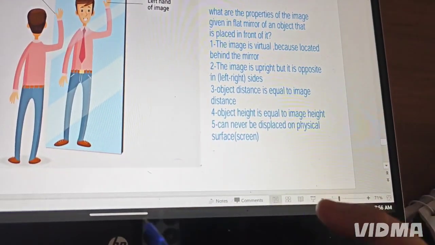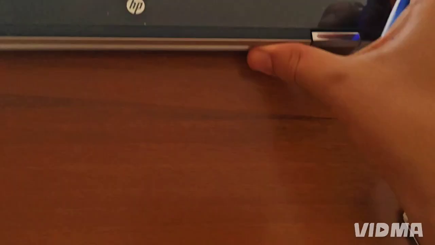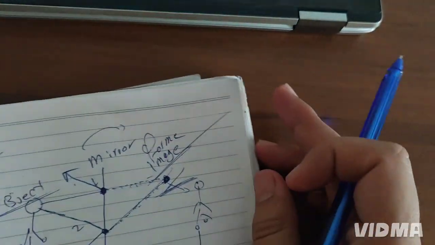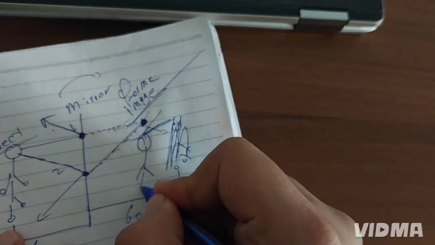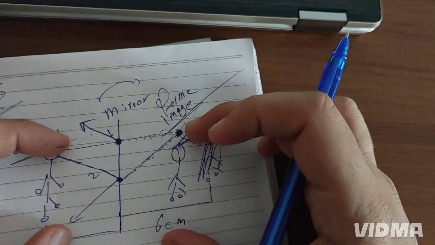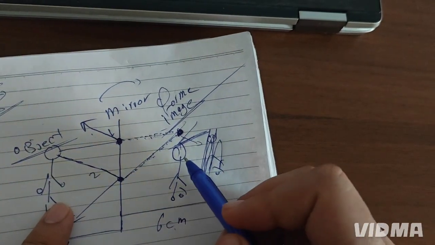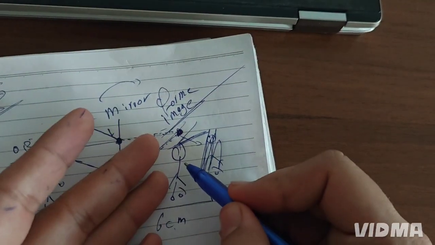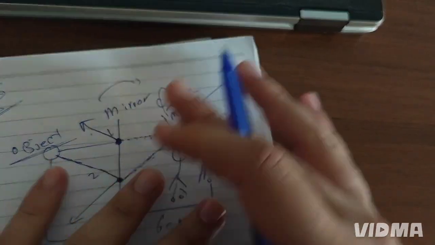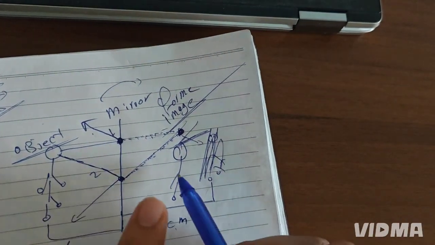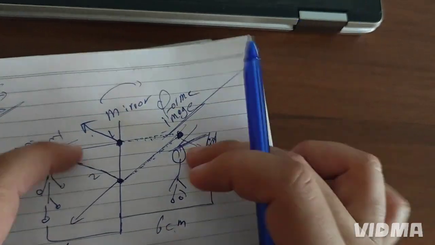Object height equals image height. The size of the object and the height of the image are the same. It won't be like the size of the image becoming less than the object, or larger. No, the object and the image have the same height and the same size.